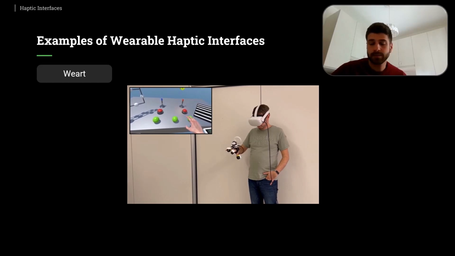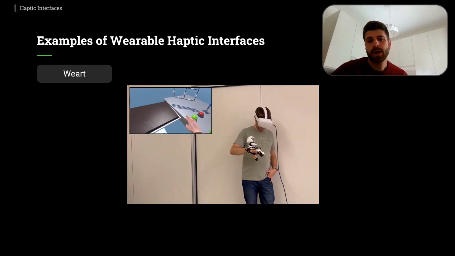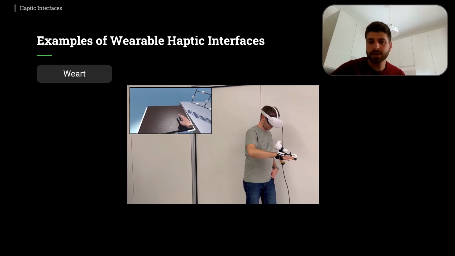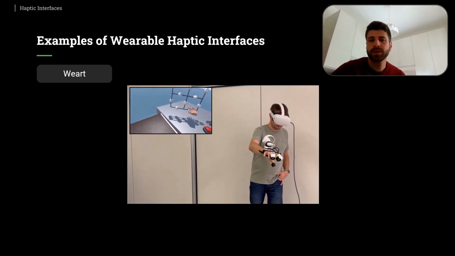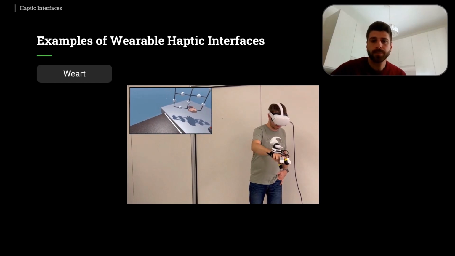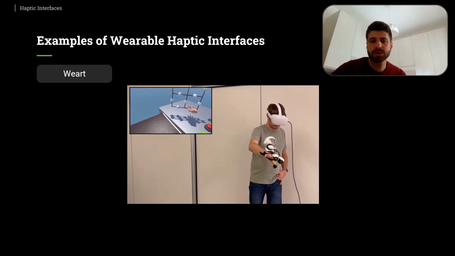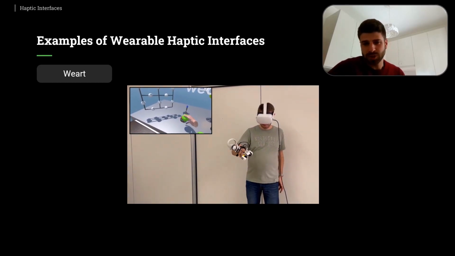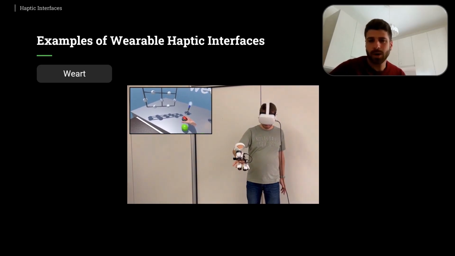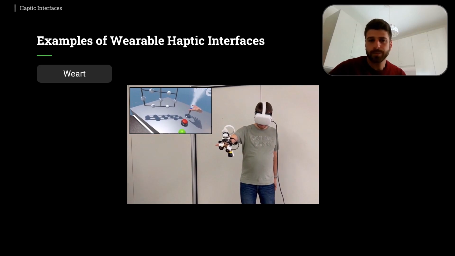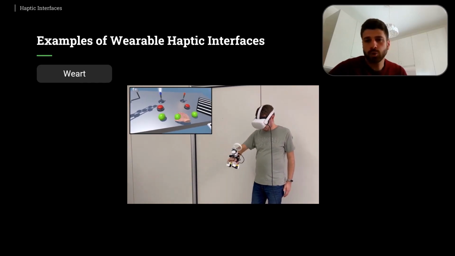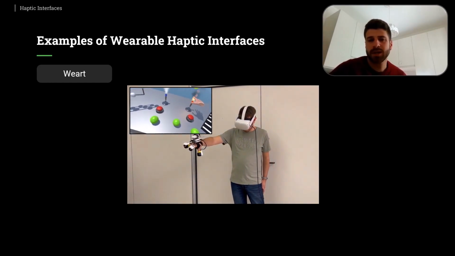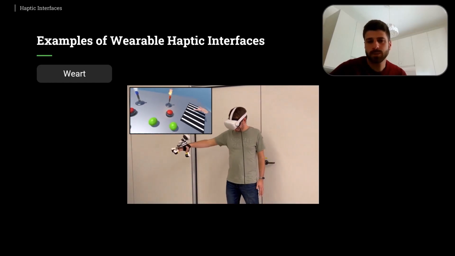If on the other hand your purpose is to provide a haptic feedback referred to the tactile sensation of the fingers in a virtual environment, such as texture, temperature, or vibrations on the fingertip, of course what you need is a WeArt wearable haptic interface, which is much less complex than the one previously seen, and which allows you to provide a cutaneous feedback as opposed to the kinesthetic one we saw before.